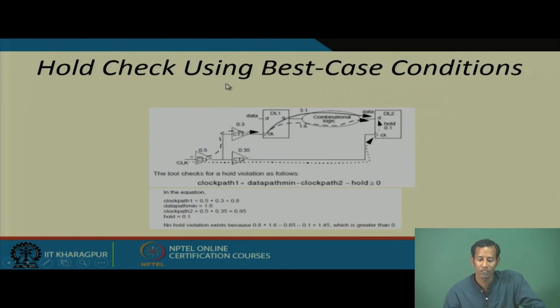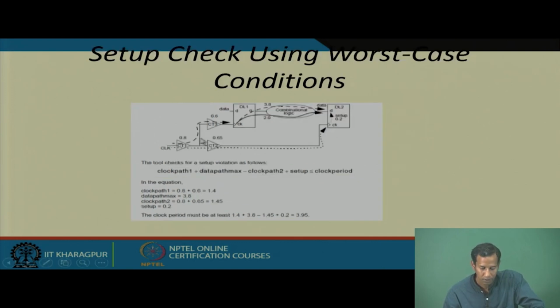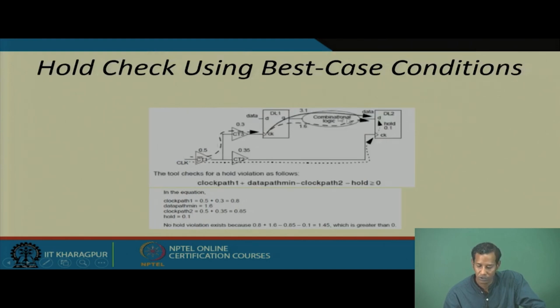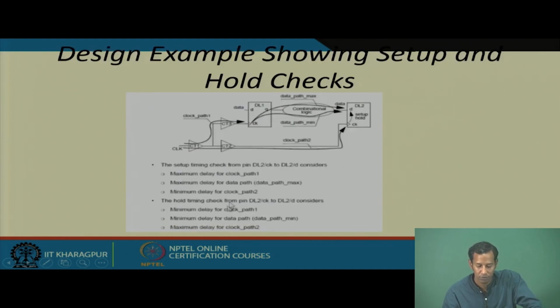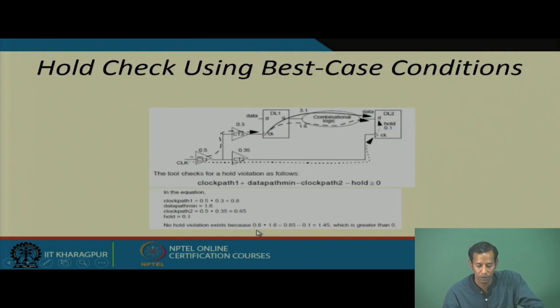Now, for the hold check, what will be the consideration? The configuration is the same, but the parameters have changed. For hold, we have to consider the minimum delay for clock path 1, the minimum delay for the data path, and the maximum delay for clock path 2.